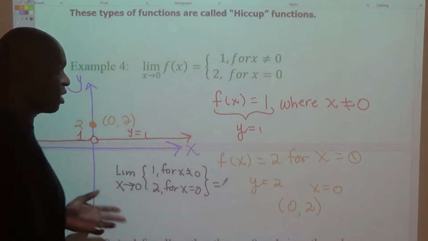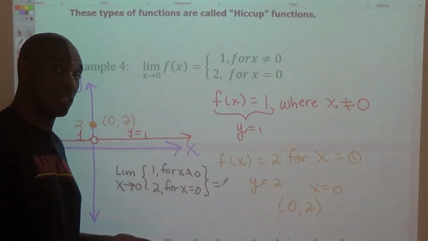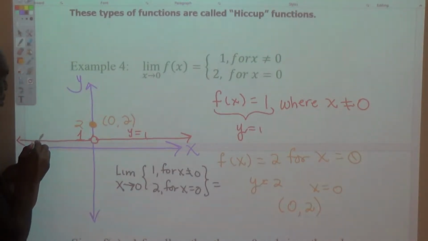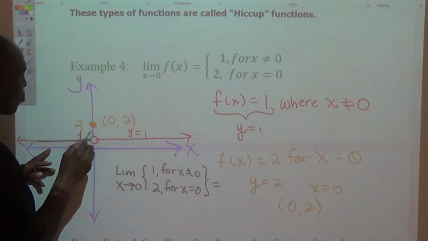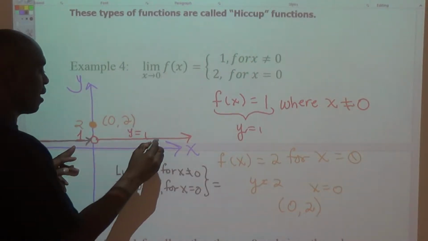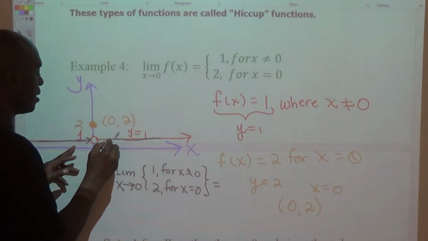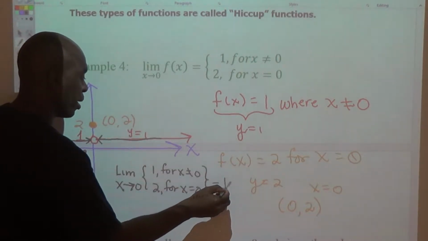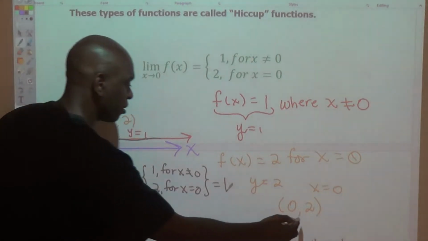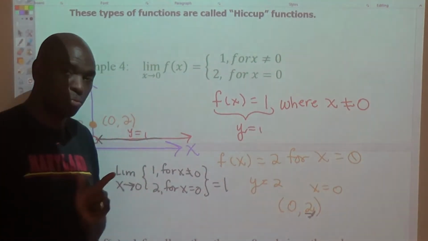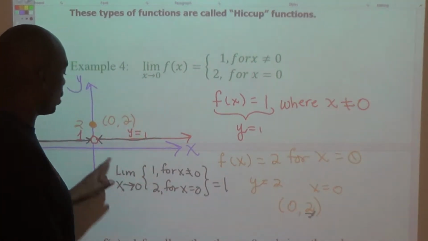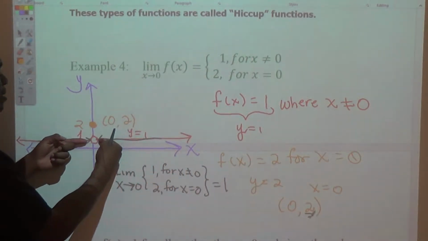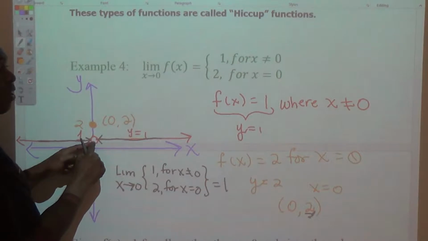This limit has to equal, well, let's see. As I come from the left, I'm approaching 1. As I come from the right side, I'm approaching 1. So the limit is 1, not 2. Because the graph coming from both directions is going toward the y value of 1.